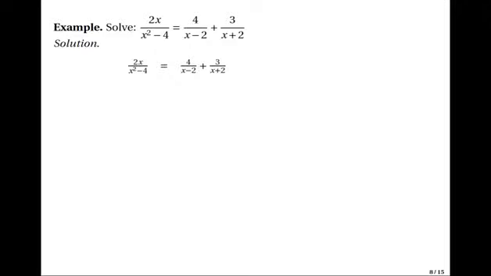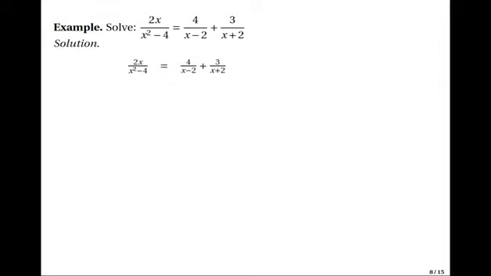So you can say that this is not a linear equation, which is true because this actually is a rational equation. But if we manipulate this, we will end up with a linear equation.